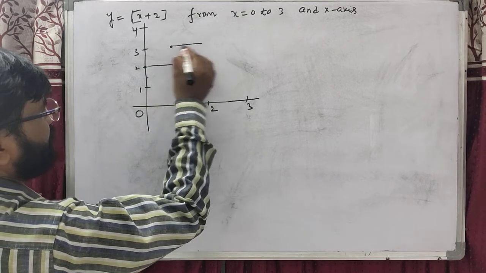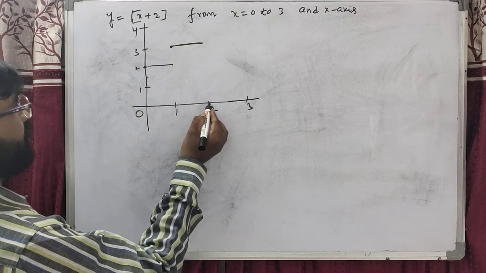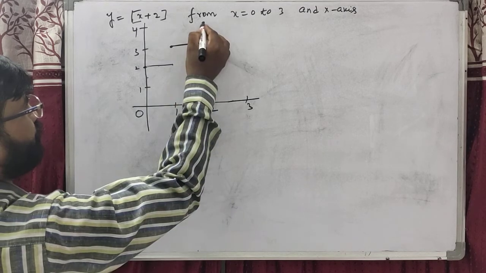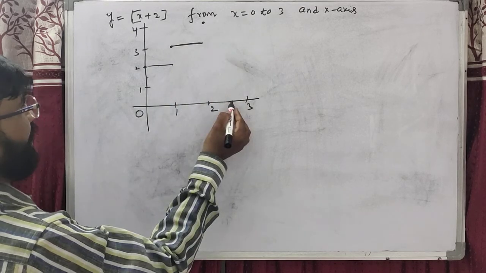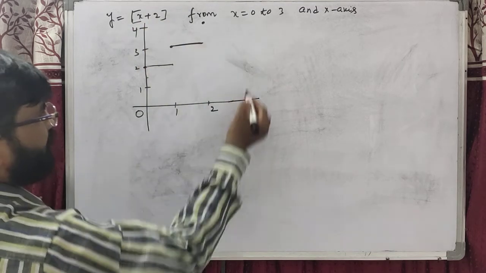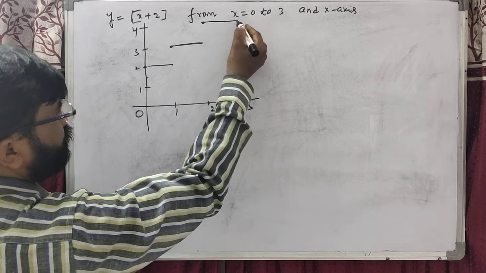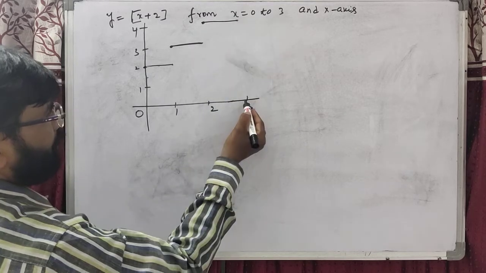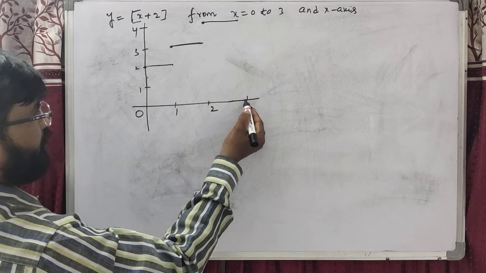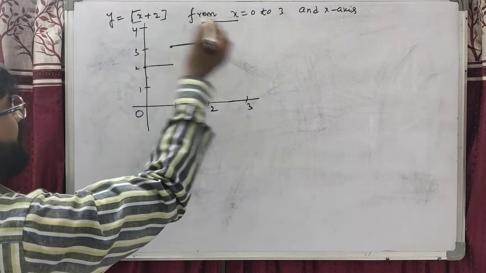When you take 2, 2 plus 2 is 4. When you take 2.5, 2.5 plus 2 is 4.5, that is 4, students. Up to 2.9, when we take 2.9, that is 4.9, which is 4.